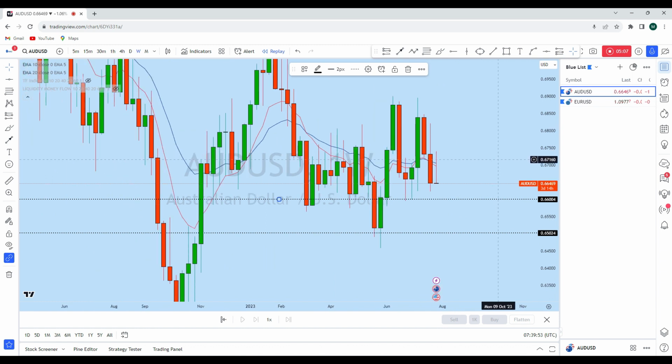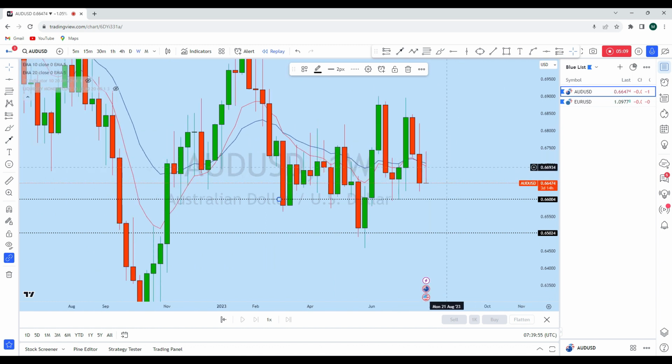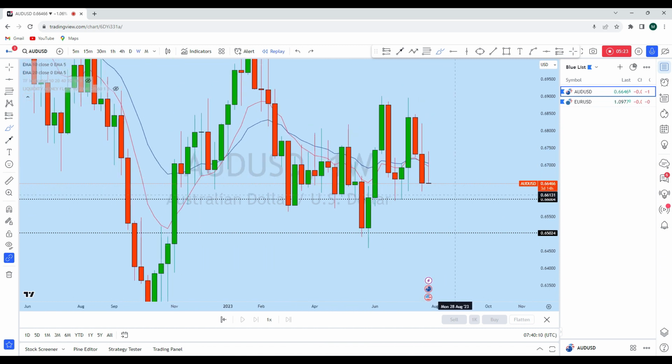If we look at the weekly time frame, this is yesterday, the first day of the trading week. Initially we saw a bounce to the upside to this resistance zone, and from that level AUD/USD started to drop, and currently the price is breaking this weekly support level. As there is a narrow long wick at the bottom, highly likely we could see AUD/USD try to break this low to create a new lower low.